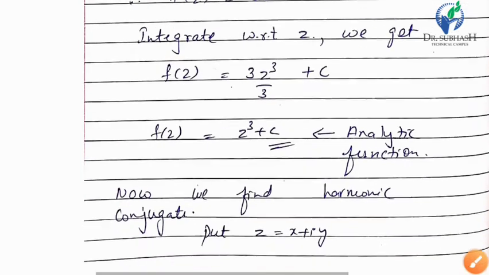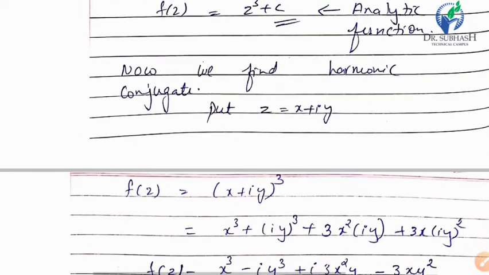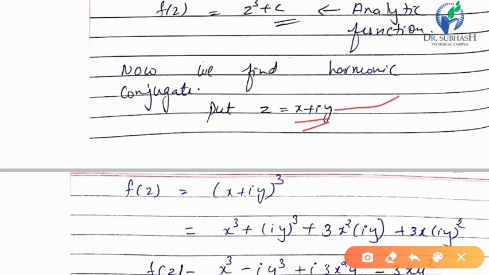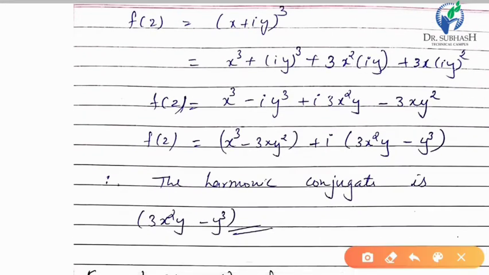Now I have to find the harmonic conjugate. So to find the harmonic conjugate, I will put z equal to x plus iy in the obtained analytic function. So I will get f of z equal to (x plus iy) whole cube. Now I will open this bracket using the formula of (a plus b) whole cube.